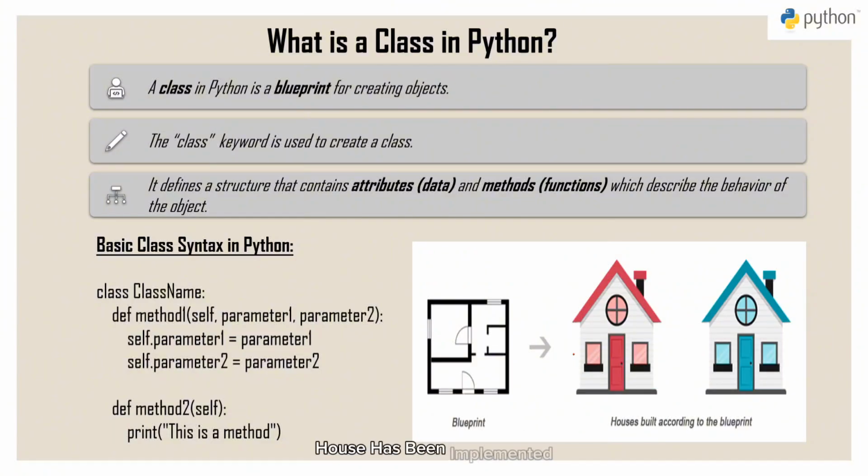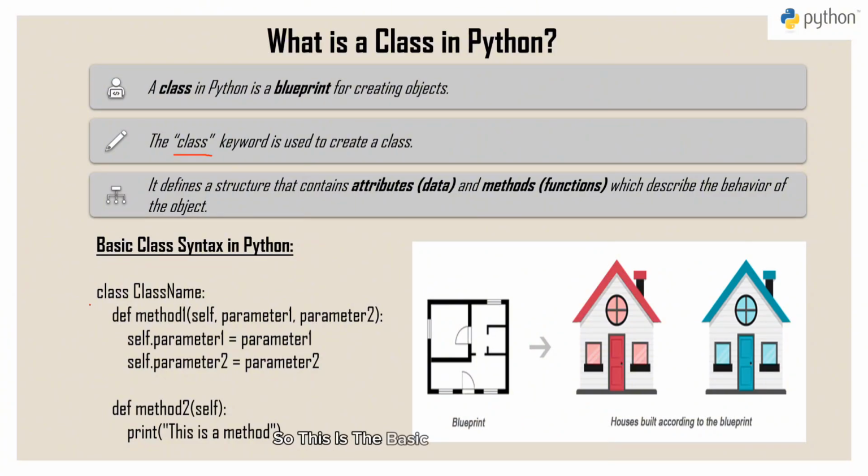The house is built according to the blueprint. So it is mandatory to have a class, then only we can create an object. So that's why we are saying a class is a blueprint for creating objects. Without class we cannot create object, and for creating a class we need a keyword class.